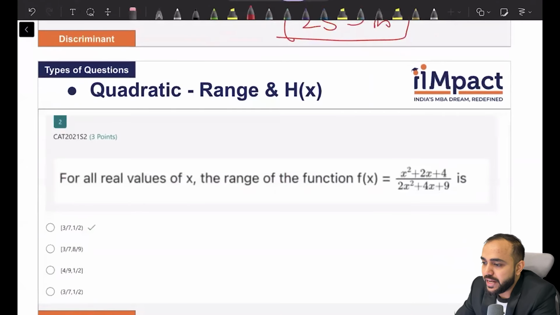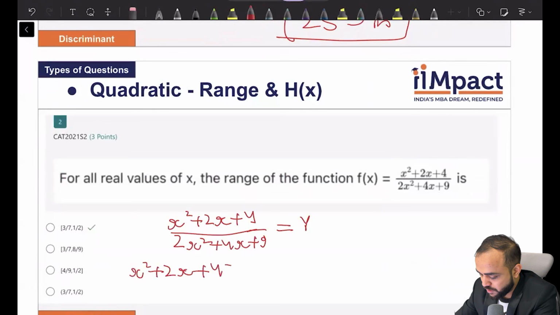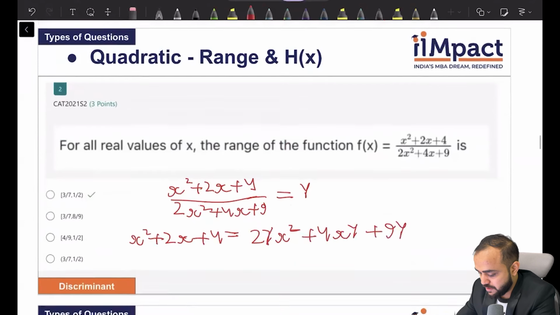Quadratic and range thing. Range and your h of x thing. So x square plus 2x plus 4 divided by 2x square plus 4x plus 9 is equal to y, which means x square plus 2x plus 4 is equal to 2y x square plus 4xy plus 9y.